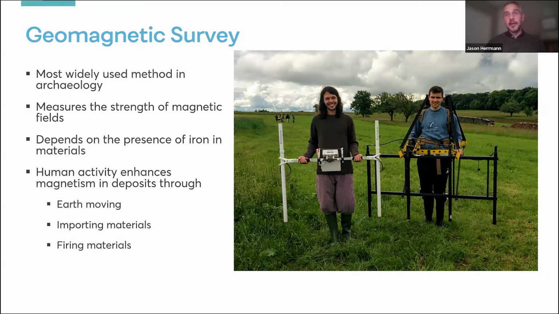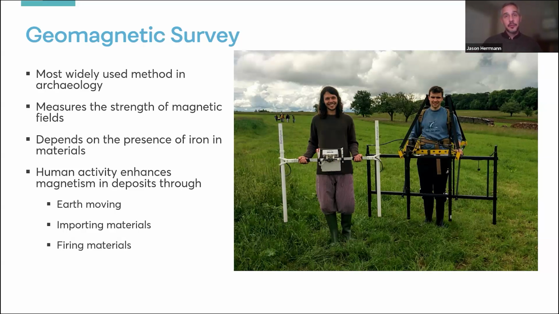This could be things that are natural. These could be things that are man-made. We move around iron-bearing sediments all the time as humans. We do it through earth moving. One of the ways in which we enhance the magnetism of the site is just by removing or piling up topsoil.